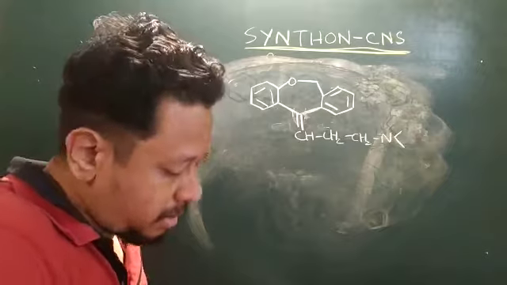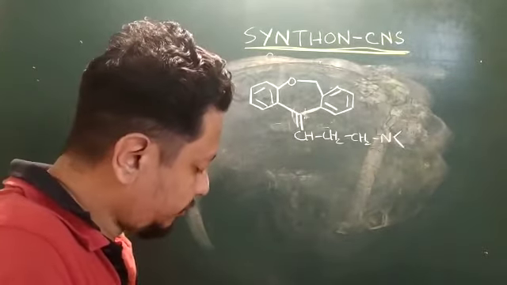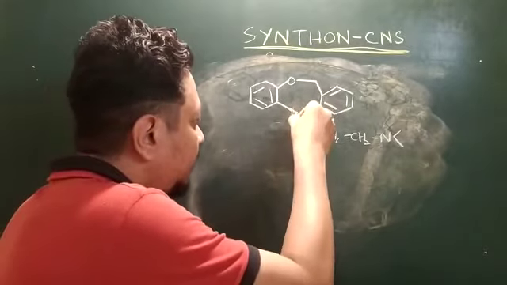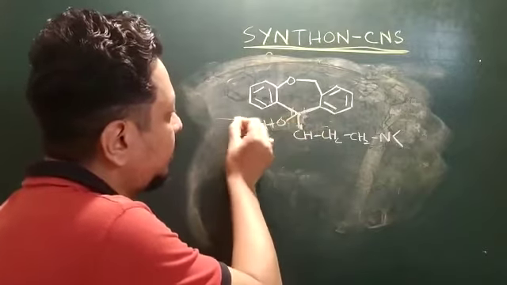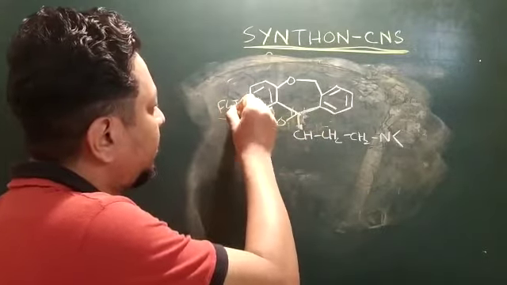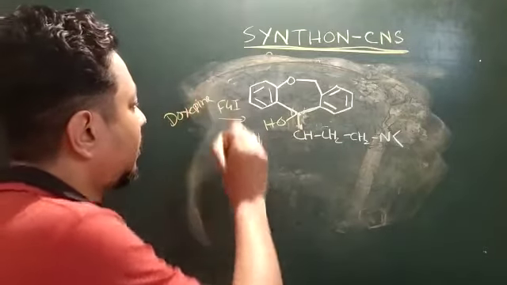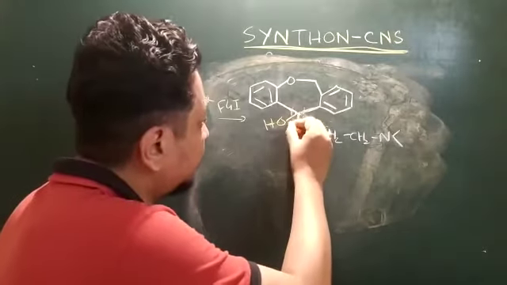So how to go for that synthesis? We first go for a functional group interconversion, which can be seen in this particular format, the FGI from doxepin. Then after that we go for the method of disconnection, that is over here.